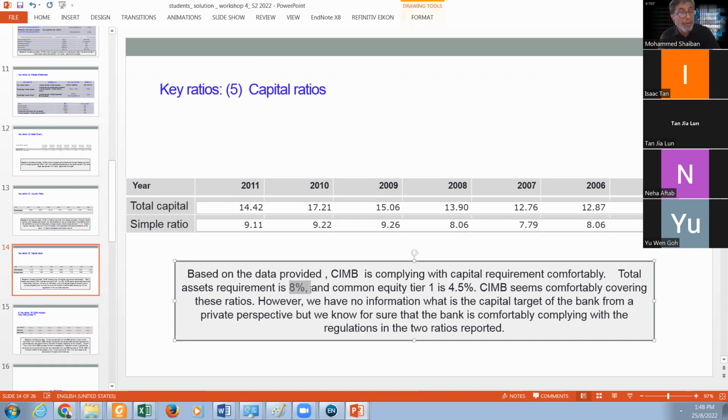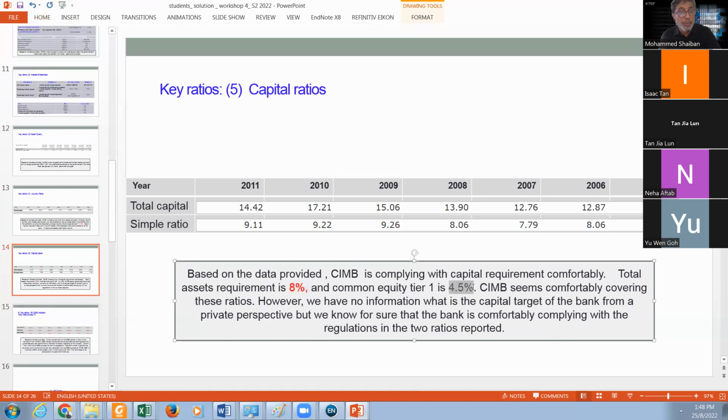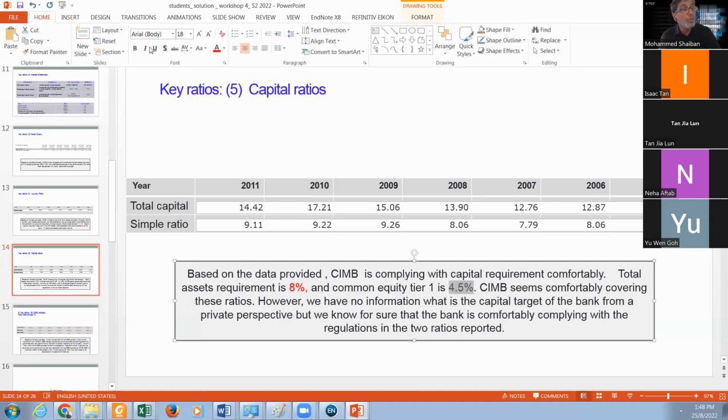This is what we should have. As you can see, if I have 8% for the total capital and 4.5% for the CET1 ratio, that is what I should have before 2013. This is up to 2011.